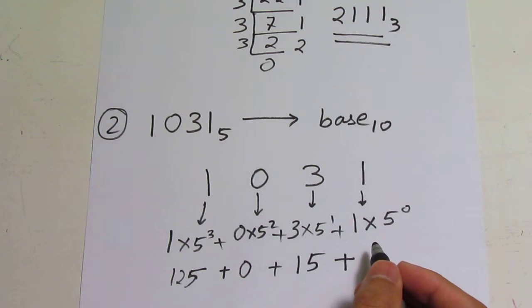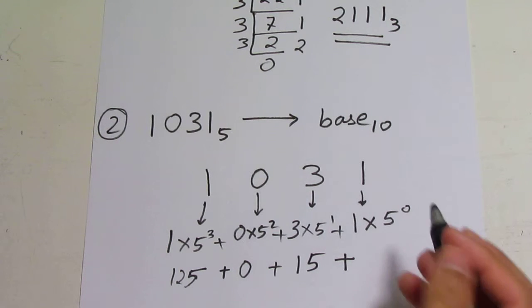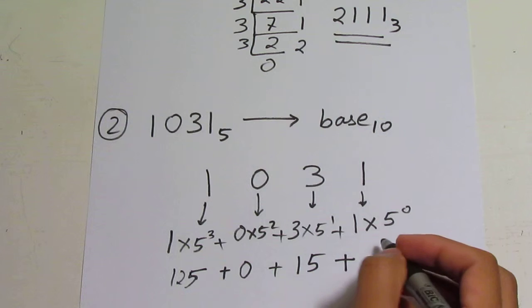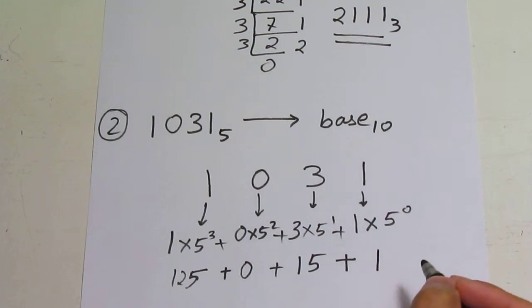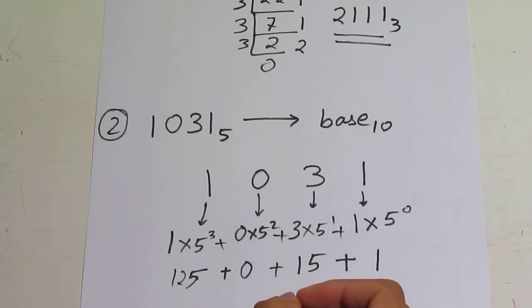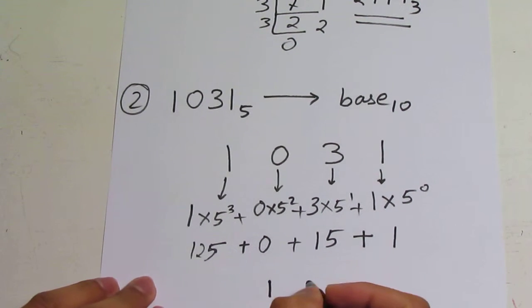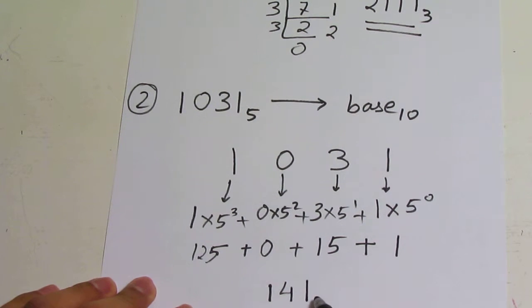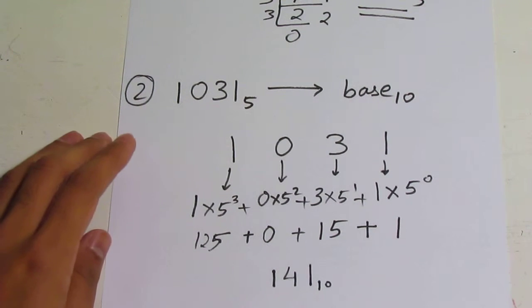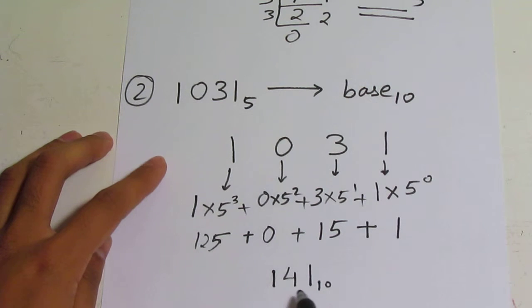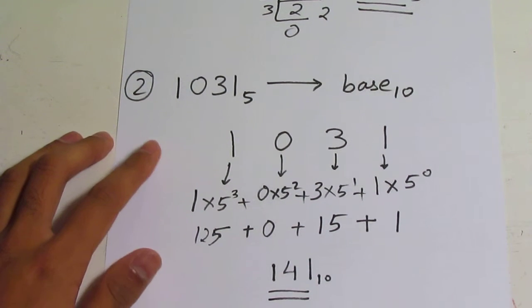So 5 to the power 0 is 1, so 1 times 1 is 1. And then when you add all these numbers up, you are going to get 141. And then you write base 10 right here. So we have converted 1031, which is in base 5, into base 10, and the number is 141.